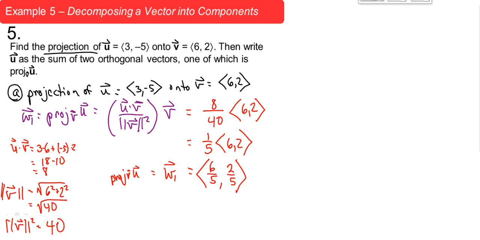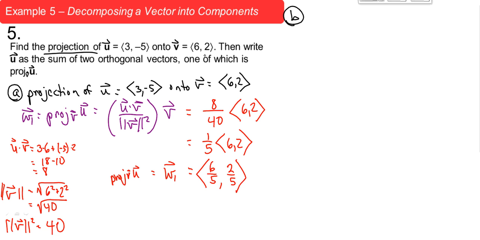And then for part 2 or part B, I'm going to now write u as the sum of two orthogonal vectors, one of which is this projection. So I've already got this one.